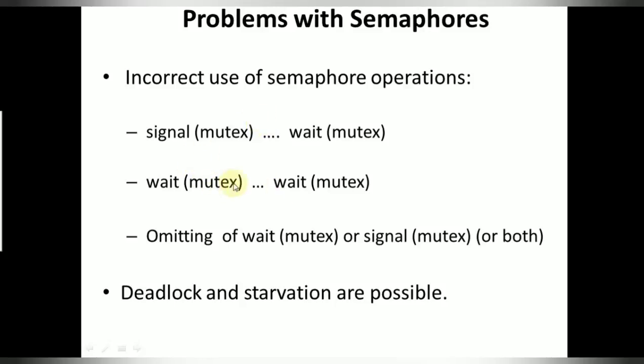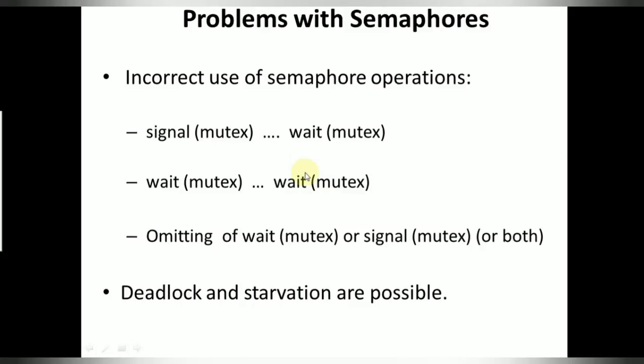If we take another case where we are running only the wait mutex both times, what happens? It may end up in a deadlock. That is, a process has run a wait mutex and it has not released the critical section.